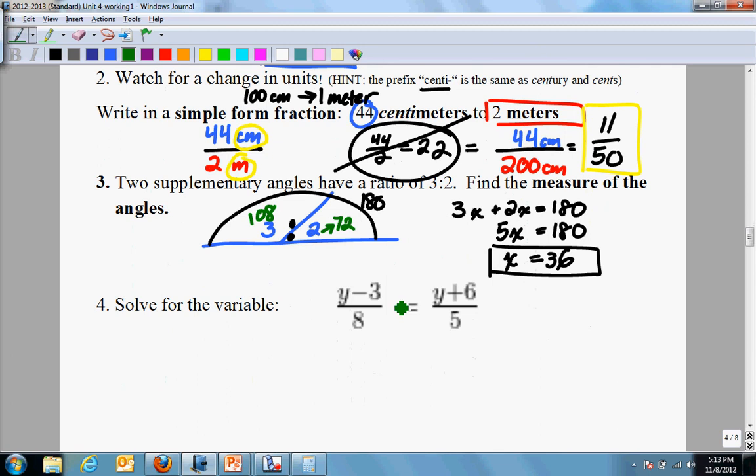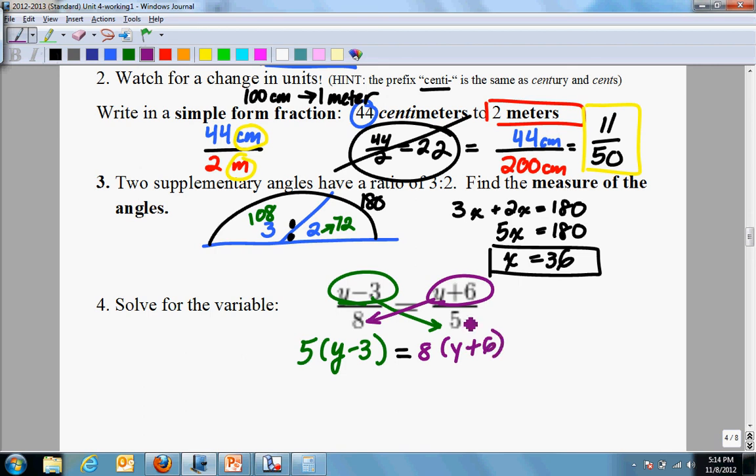When we solve for the variable, I'd like you to circle, cross multiply, 5 parentheses y minus 3. Please do not do the distribute in your head. Circle, cross multiply, 8 y plus 6. Now you draw your distributive lines. Click 5y minus 15 equals 8y plus 48.